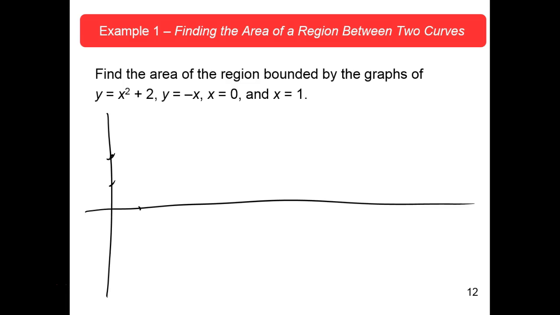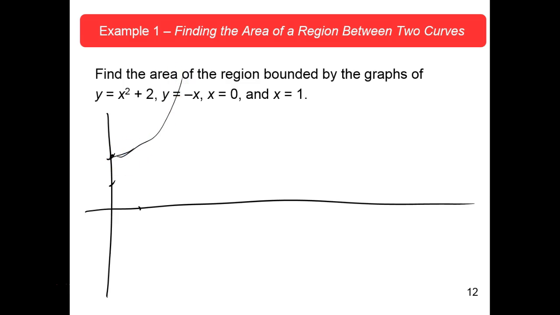Okay. Let's see what happens when y is equal to 0. Then x squared is equal to negative 2, which doesn't make any sense, does it? Well, that is because the graph is going up here. So that's absolutely true.